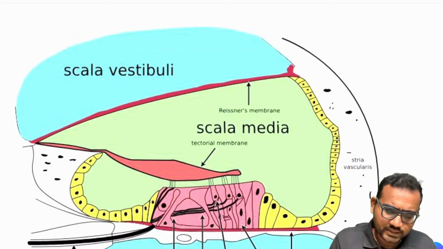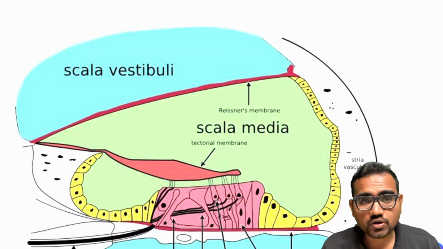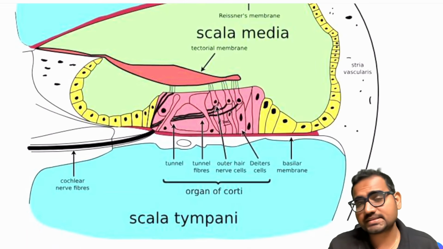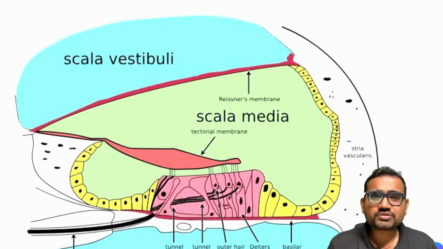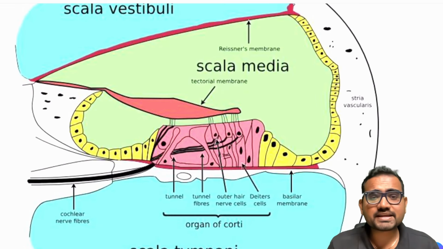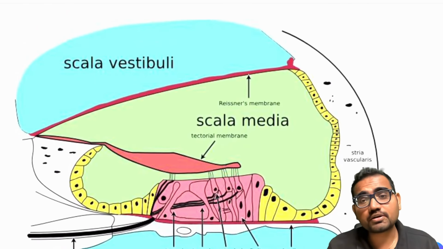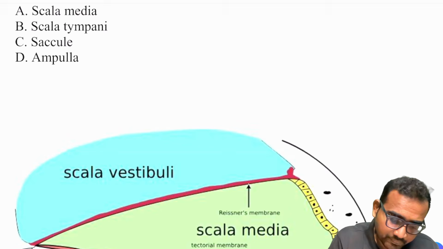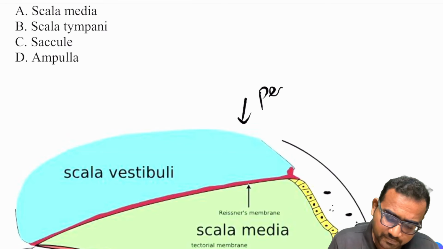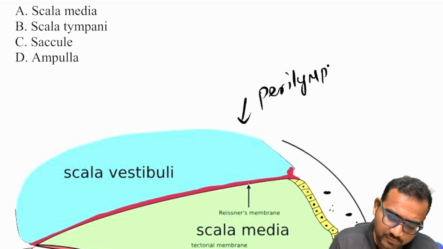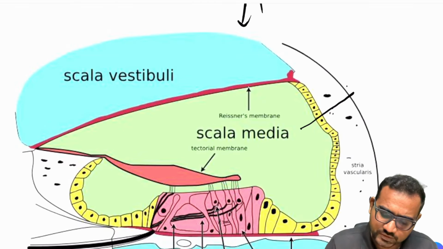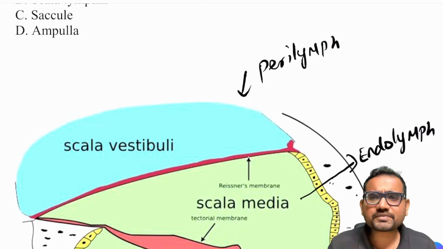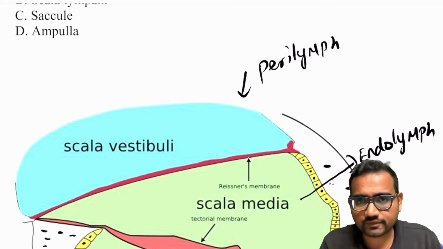If you look at the inner ear, that is the cochlea, it has three layers: the scala vestibuli, scala media, and scala tympani. The scala vestibuli and scala tympani have fluid called perilymph, whereas the scala media has endolymph, a fluid very similar to ECF.